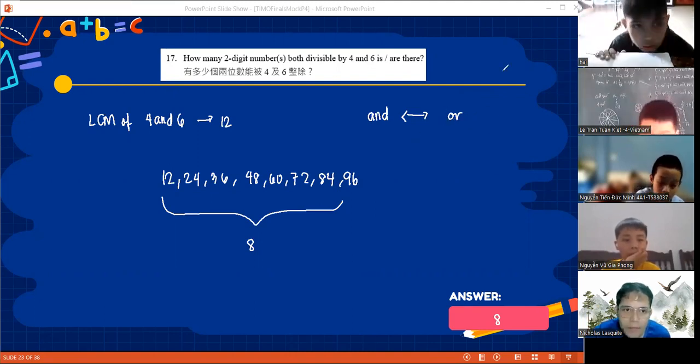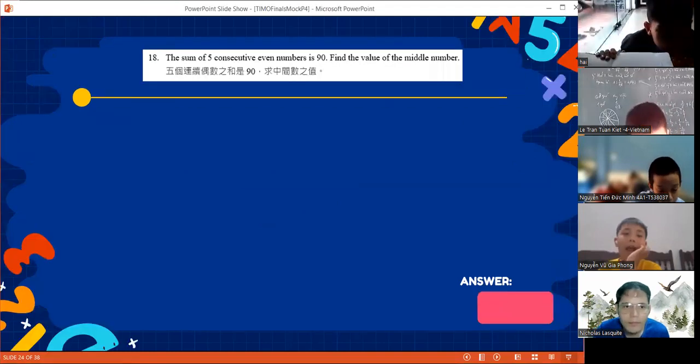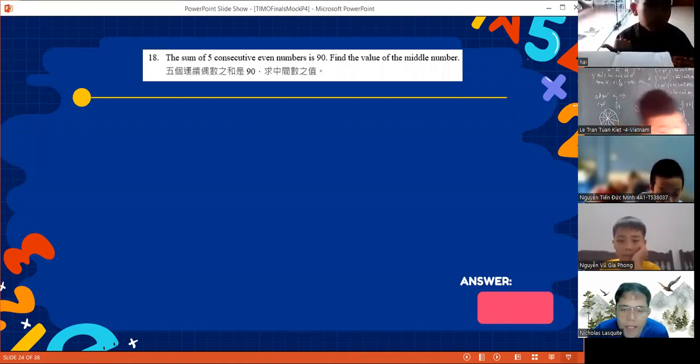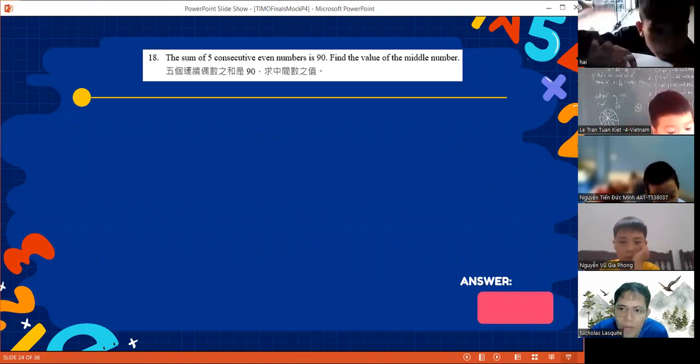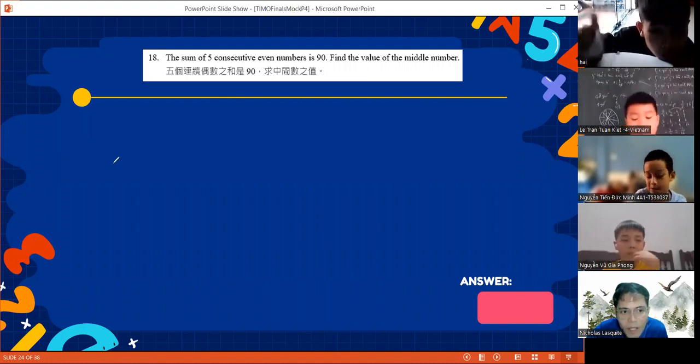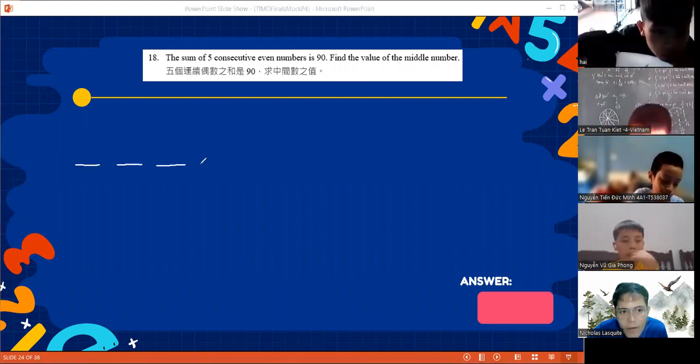Okay, let's have number 18. The sum of 5 consecutive even numbers is 90. Find the middle number. So very easy because you're gonna look for the middle number, right? So imagine if you have 5 consecutive even numbers, you have 5 spaces. 1, 2, 3, 4, 5, right?